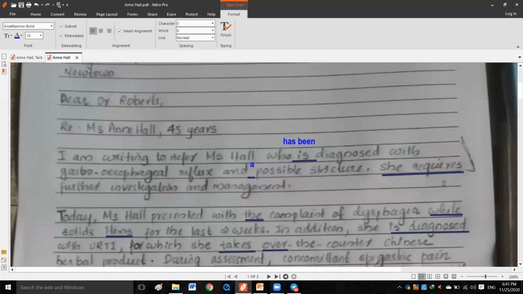She requires further investigation and management. The style of your requesting is informal, so it's better to write: your further investigation and management would be highly appreciated. This is more polite, more formal.